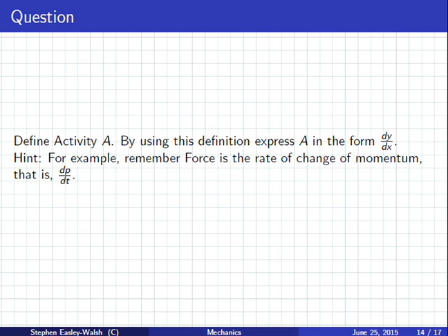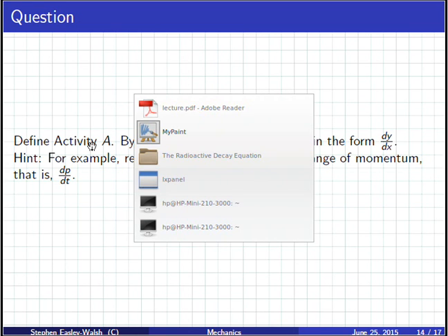So if you go back to the definition, what's the definition of activity? Yeah, that's it. And so 1 Bq is 1 atom per second. So if you look closely at the units, number of atoms per second. What letter represents number of atoms?